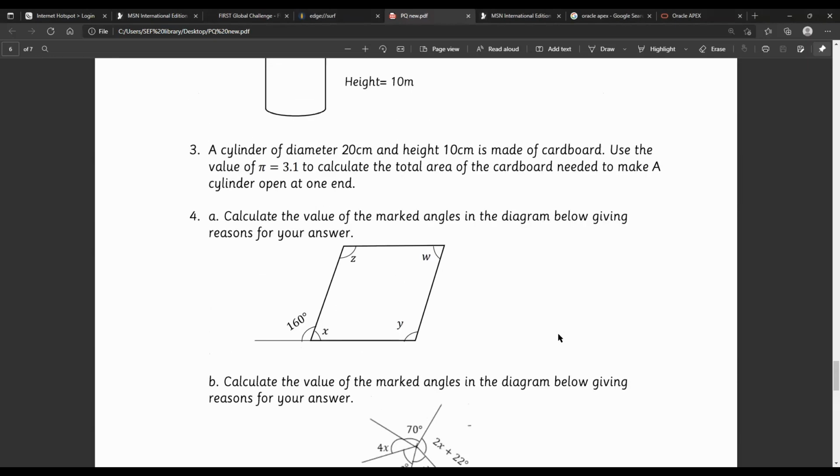The question says, calculate the value of the marked angles in the diagram below, giving reason for your answer.